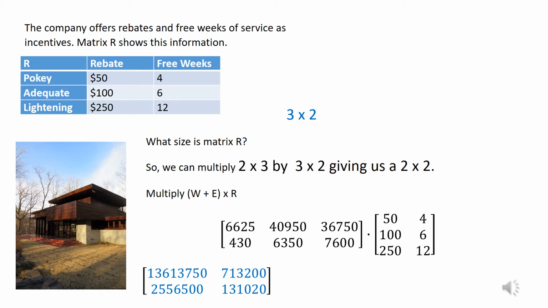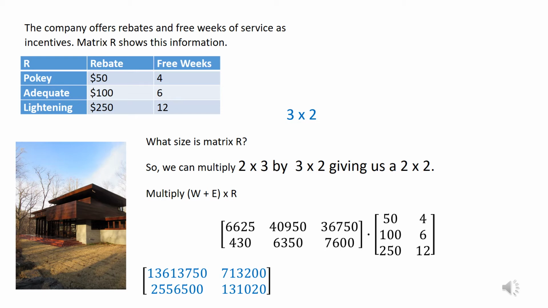Remember, when you're multiplying matrices, you are treating the first matrix as if it has row vectors and the second matrix as if it has column vectors, and you're finding dot products. So I dot the first row vector with the first column vector.